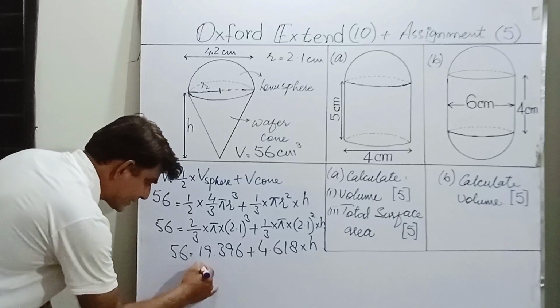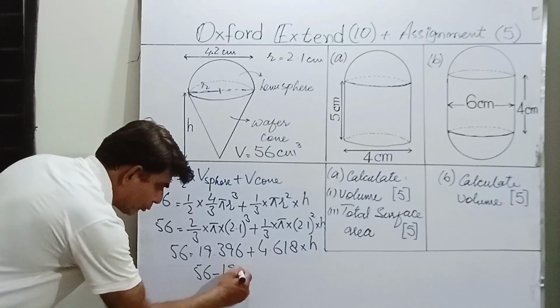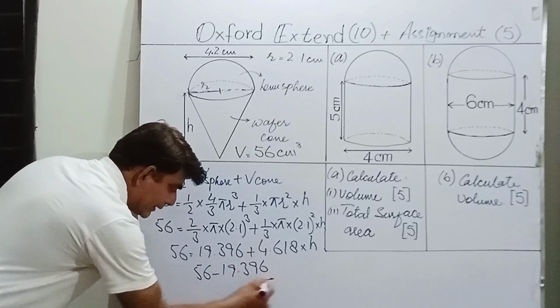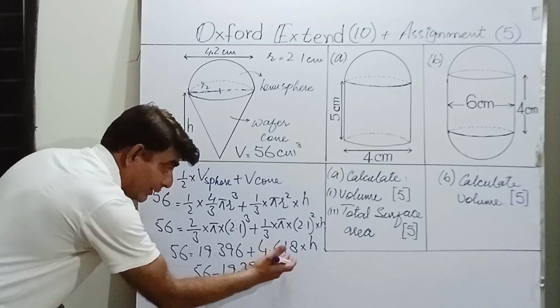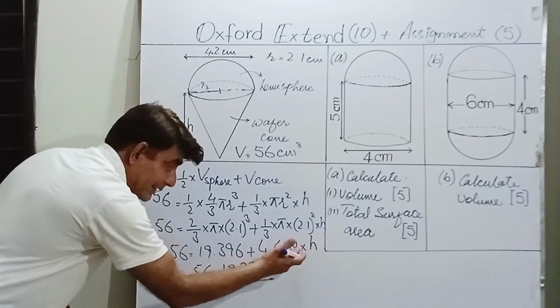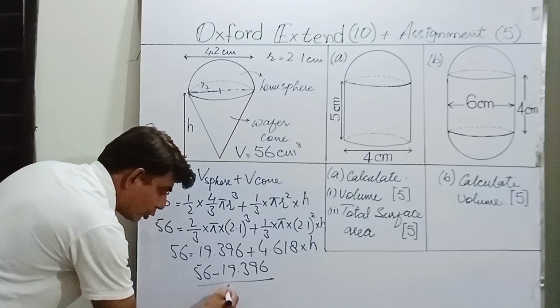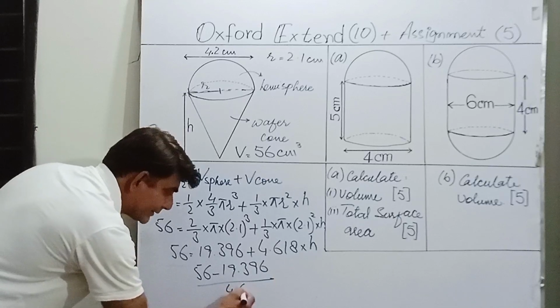So 56 minus 19.396, divided by 4.618, as 4.618 is multiplied by h, so it would be divided.